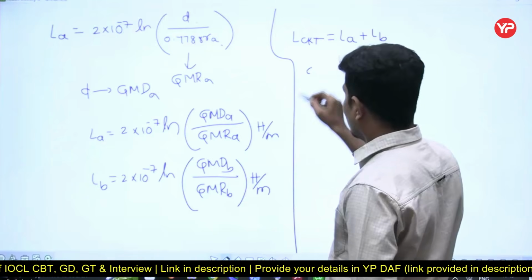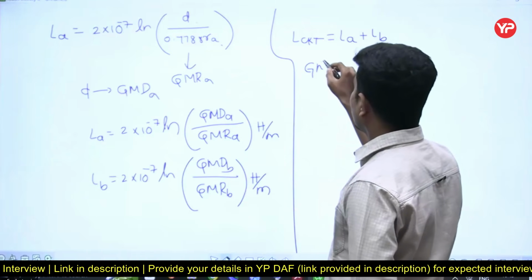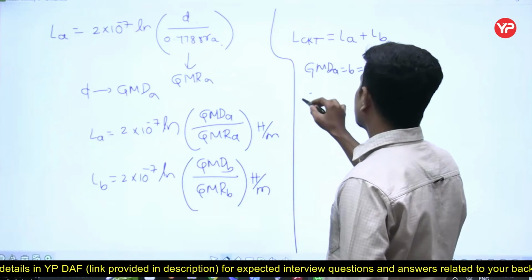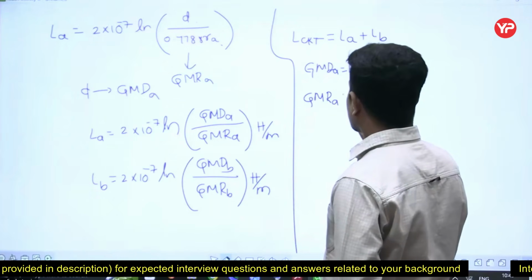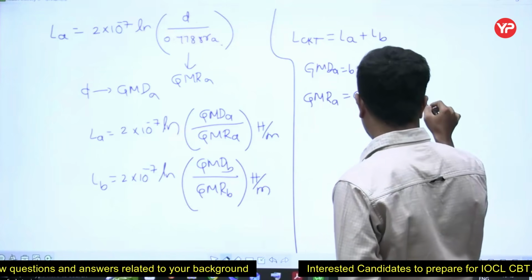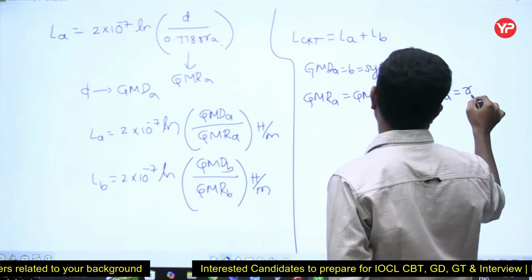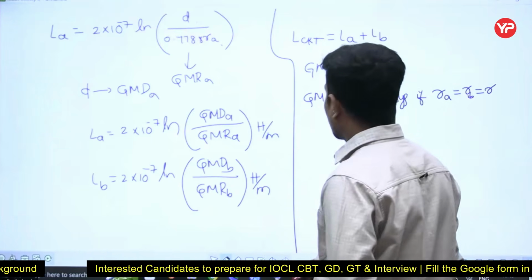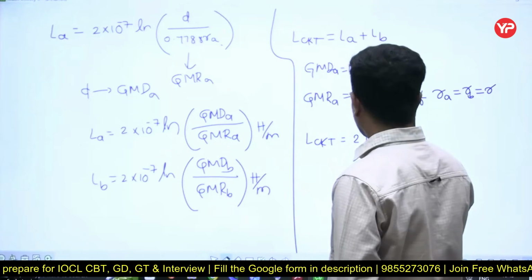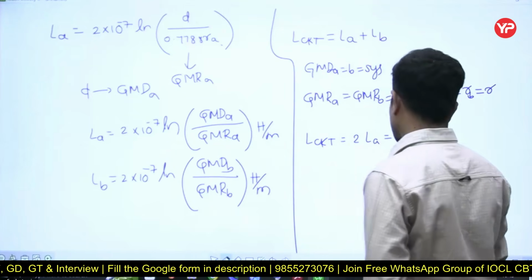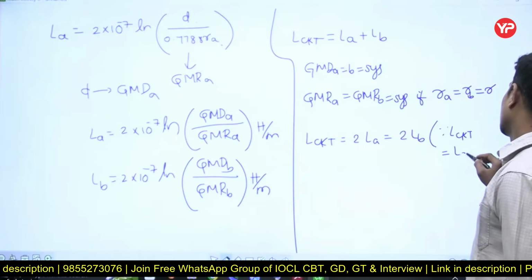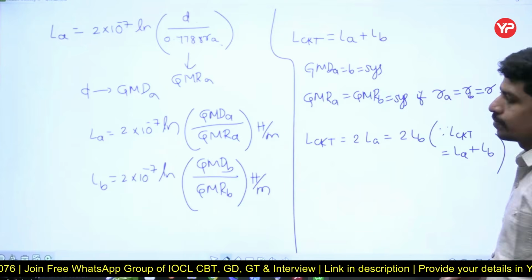If GMDA is equal to GMDB is equal to GMD of the system, and GMR of A is equal to GMR of B, that is equal to GMR of the system, and you can take RA is equal to RB is equal to R, now L circuit will be 2 times of LA, that is equal to 2 times of LB, since L circuit is equal to LA plus LB.